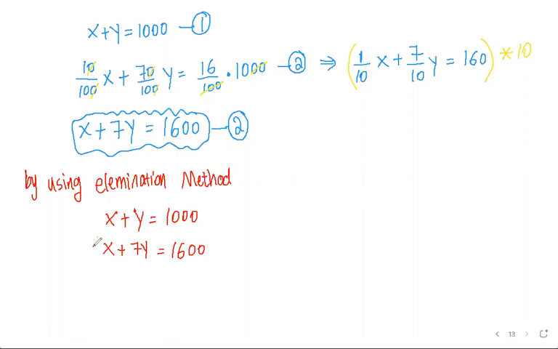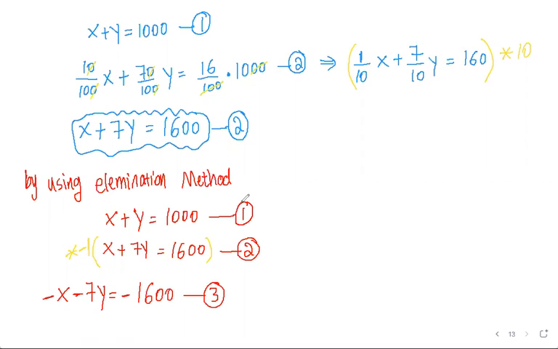Then I can cancel the x when I add these two equations. So I get -x, -7y equals -1600. This is equation number 3 now. This is equation number 2, and this is equation number 1. Now I have to add number 1 to number 3 to cancel the x variable.